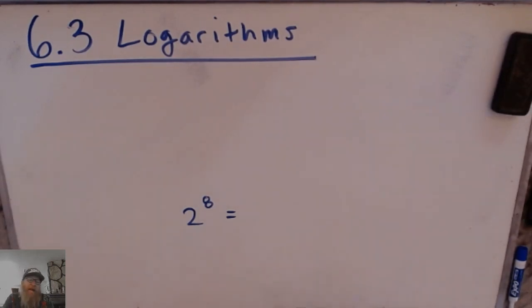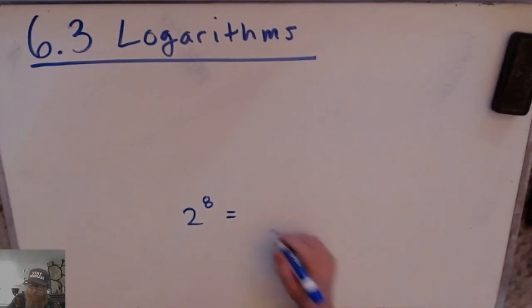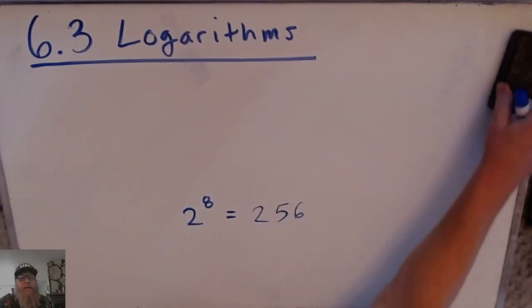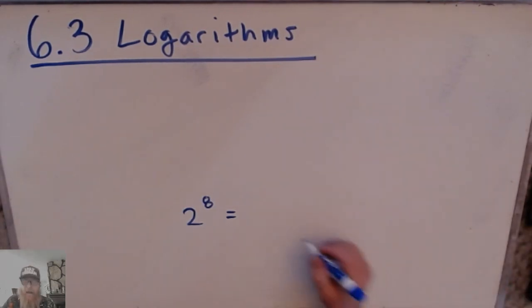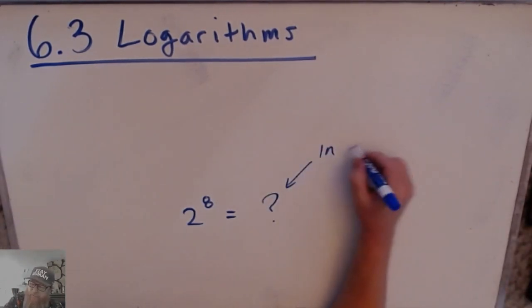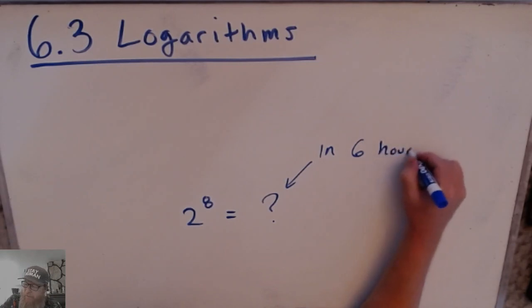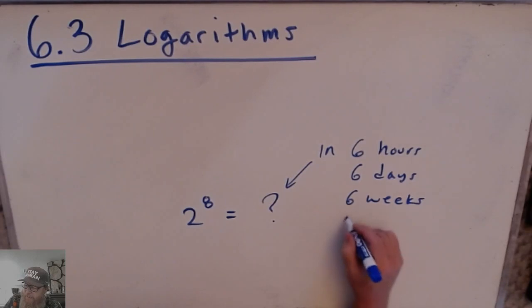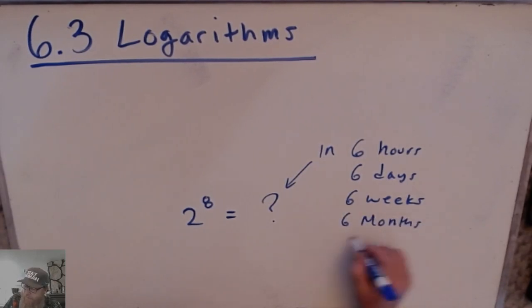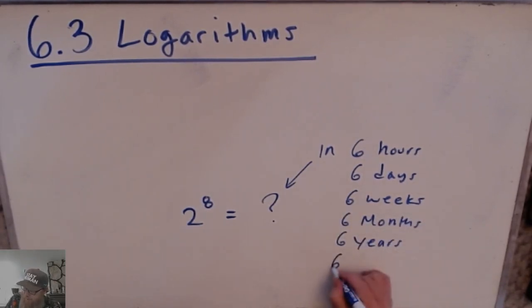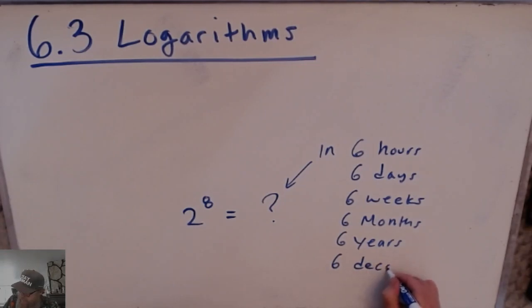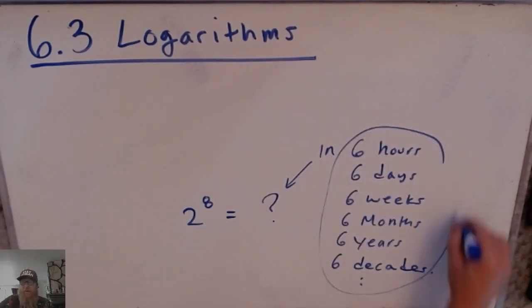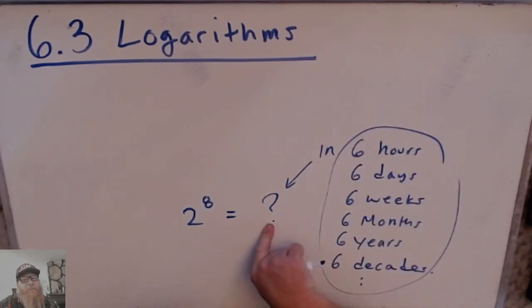Now, if I ask you right now, 10 seconds later, or 2 seconds later, what's 2 to the 8th? Oh, yeah, I think it's 256, right? But over time, in 6 hours, or in 6 days, or in 6 weeks, or in 6 months, or in 6 years, or in 6 decades, are you going to remember that that was 256?